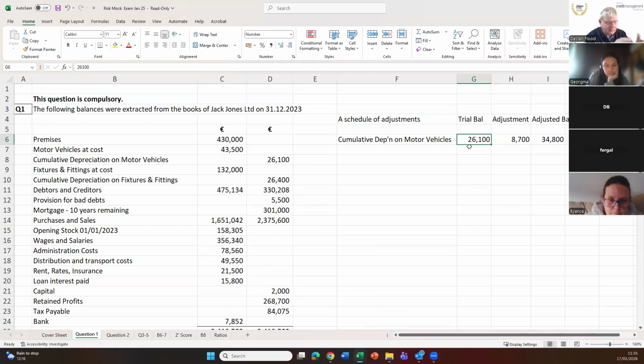We've had to take another 20% this year, and our balance going forward is 34,800. In other words, from a simplicity perspective, we used up 8,700 in value of our motor vehicles within the year. And that's going to affect our profit.